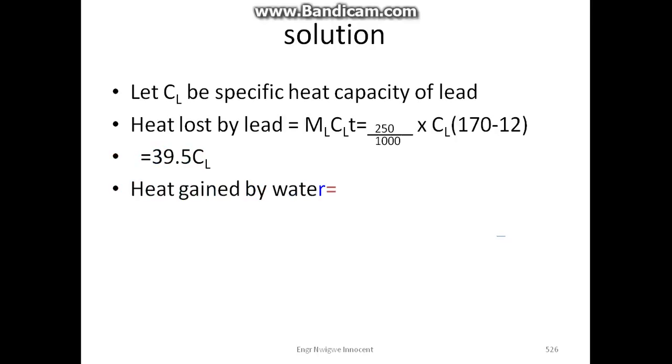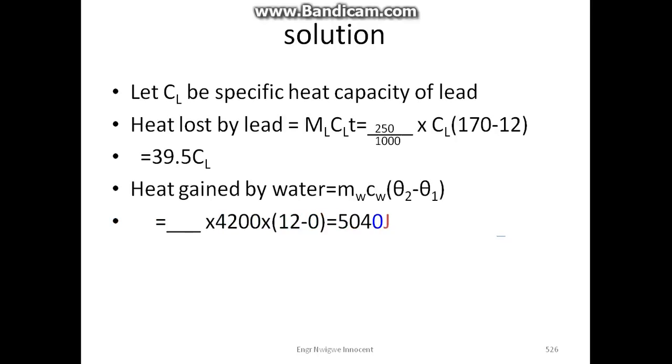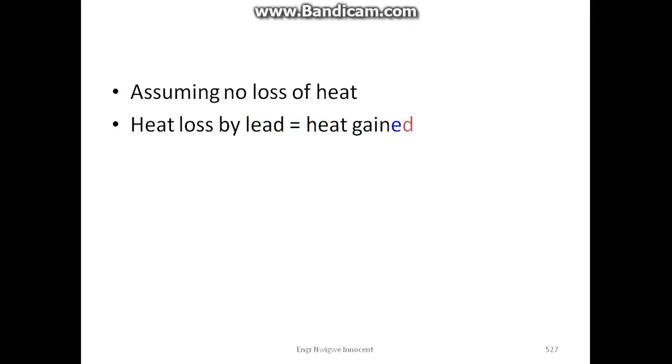Heat gained by water is equal to mw cw (θ2 minus θ1), which is equal to 100 over 1000 times 4200 times (12 minus 0), which is equal to 5040 joules. Assuming no loss of heat, heat loss by lead is equal to heat gained by water.